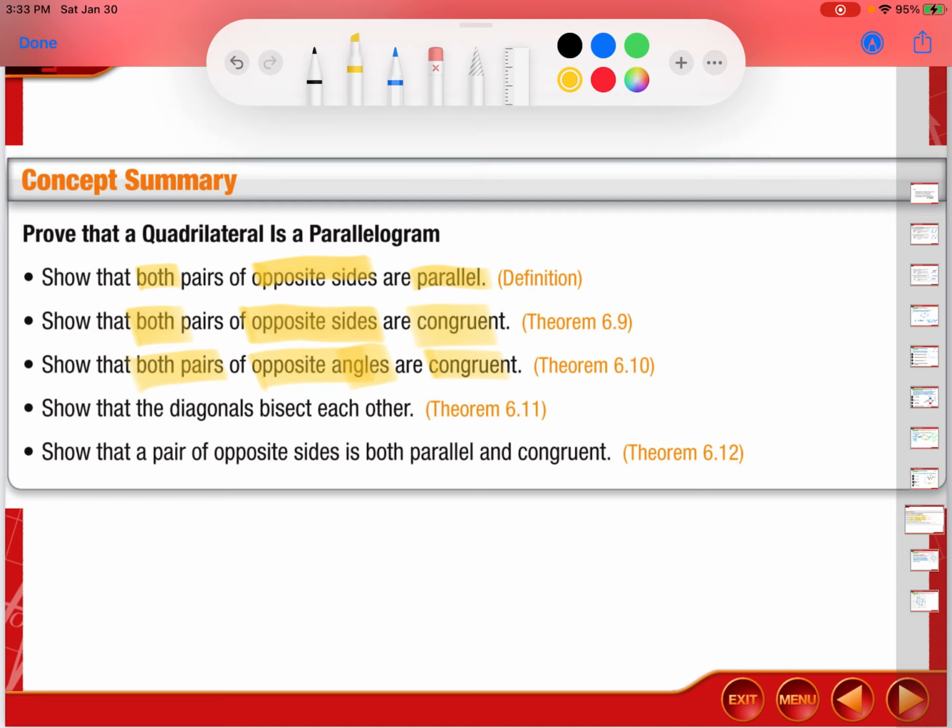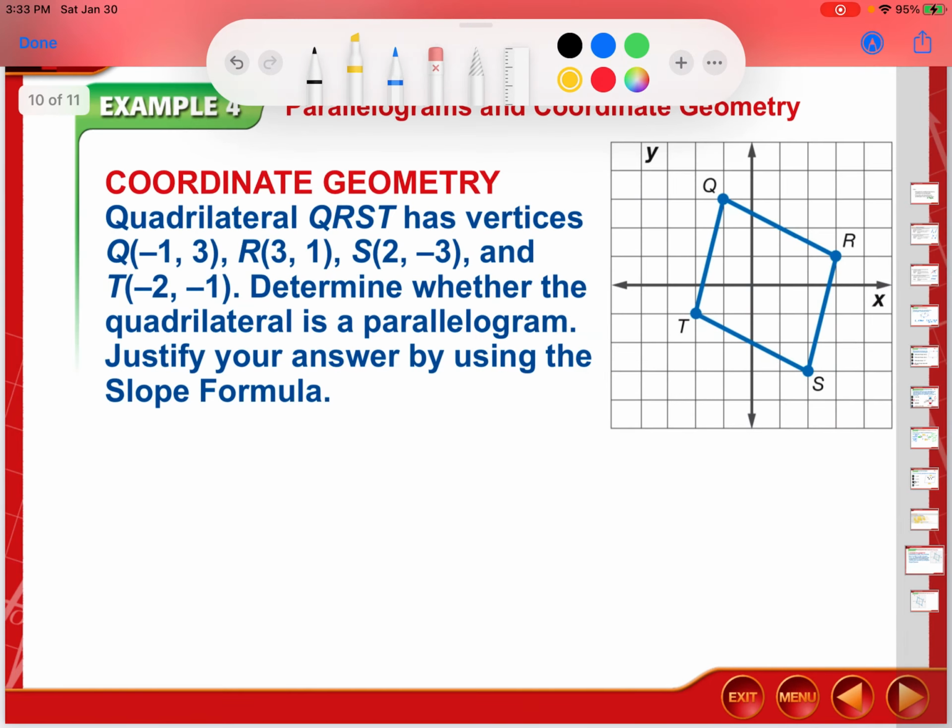We can show that the diagonals bisect each other, and we can show a pair of opposite sides is both parallel and congruent. So those are the 5 ways that we can show that we have a parallelogram. I suppose the 6th would be they just tell you that it is. That's my favorite way.